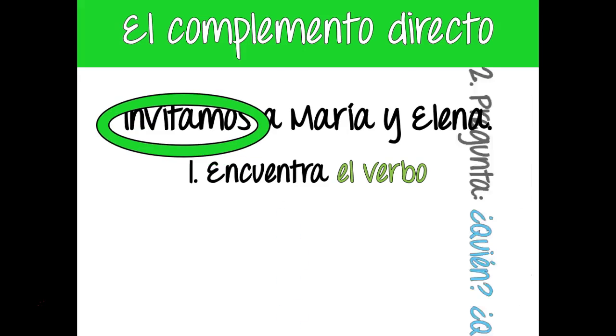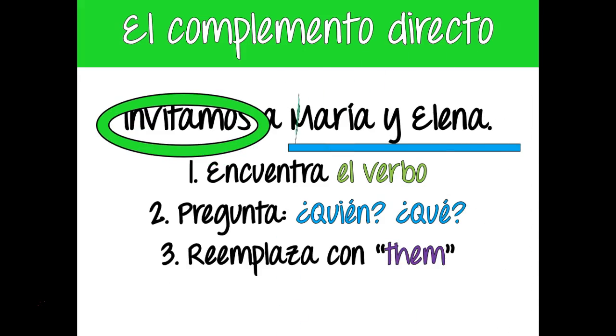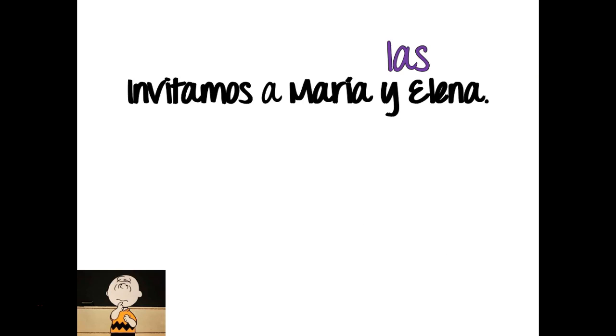And apparently I have another example here for you guys. So this a is always there when it goes verb, person. We invited Maria and Elena. When it's verb and person, we have to add this a here. It's called a personal a. Why? Mother Spanish wanted to complicate your life a little bit.